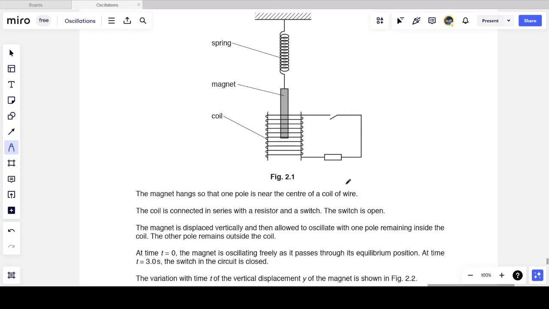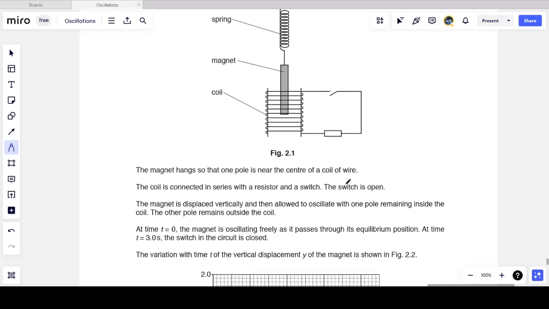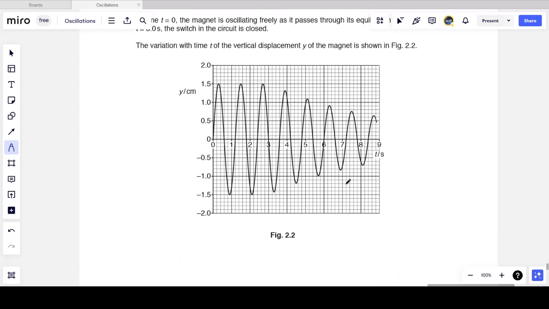Simply put, we aren't studying magnetic fields here, but we can see that the magnetic field of the magnet is interacting with the magnetic field of the current produced in the coil. And so the current produced in the coil is producing a magnetic field that is opposing the field of the magnet and hence damping the oscillations. And you can see the oscillations damp after the first 3 seconds.